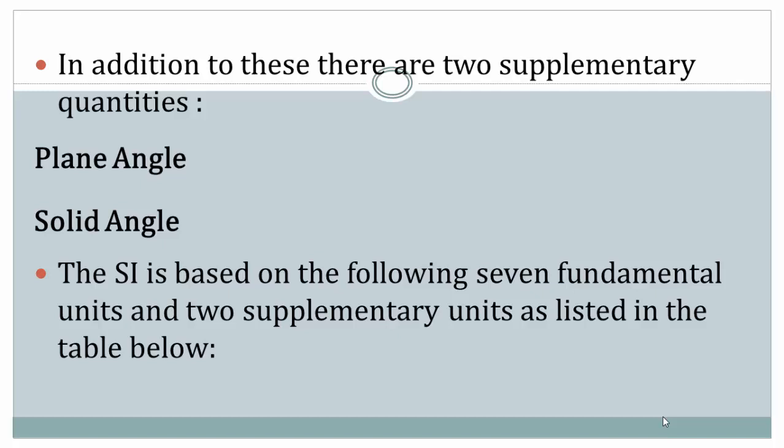The plane angle is a dimensionless physical quantity measured in degree or radian. Second one is solid angle. A solid angle is a three-dimensional angle subtended by any object at a certain point in three-dimensional space.